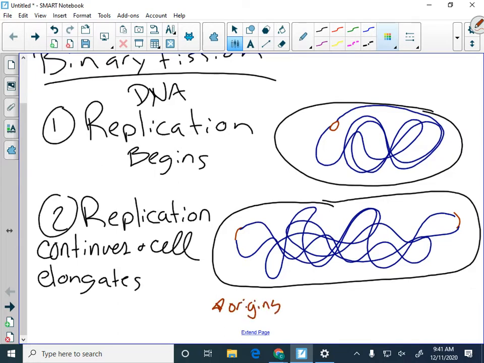Origins of replication at opposite ends of the cell. Replication at this stage isn't complete. Somewhere in all of that tangle, there is still one circular chromosome being copied into two.